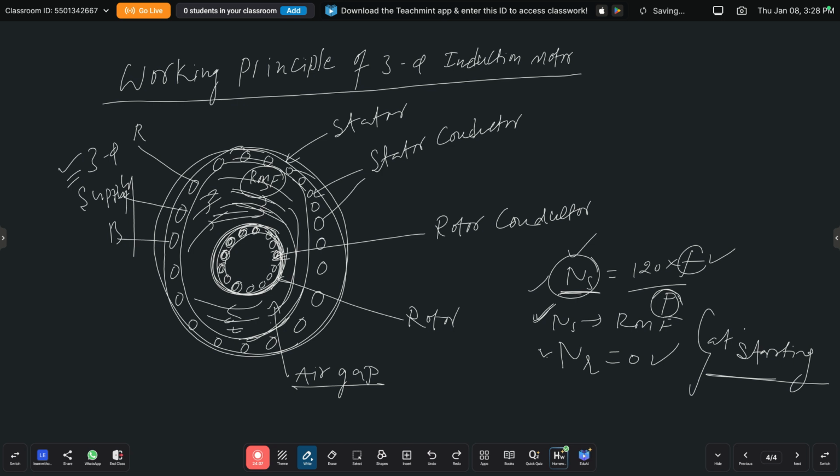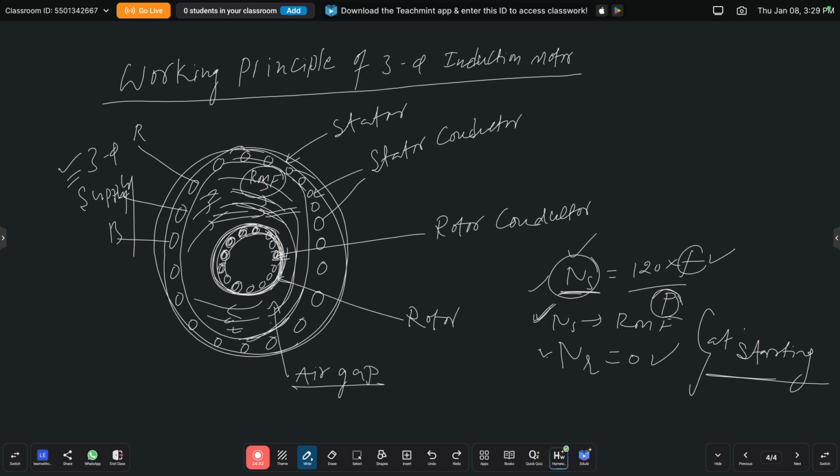Whenever current flows through conductors, flux will be produced. So here two fluxes are there: one is the rotating magnetic field flux, and one is the rotor flux.